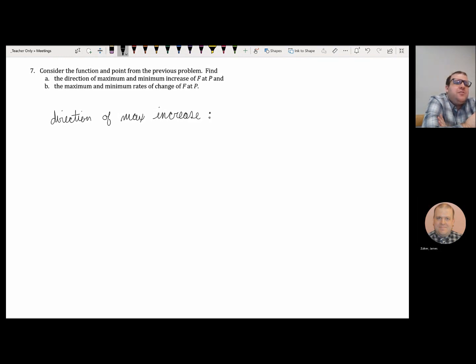In general, how do you determine the direction of maximum increase? So what would the direction of maximum increase of a function be?